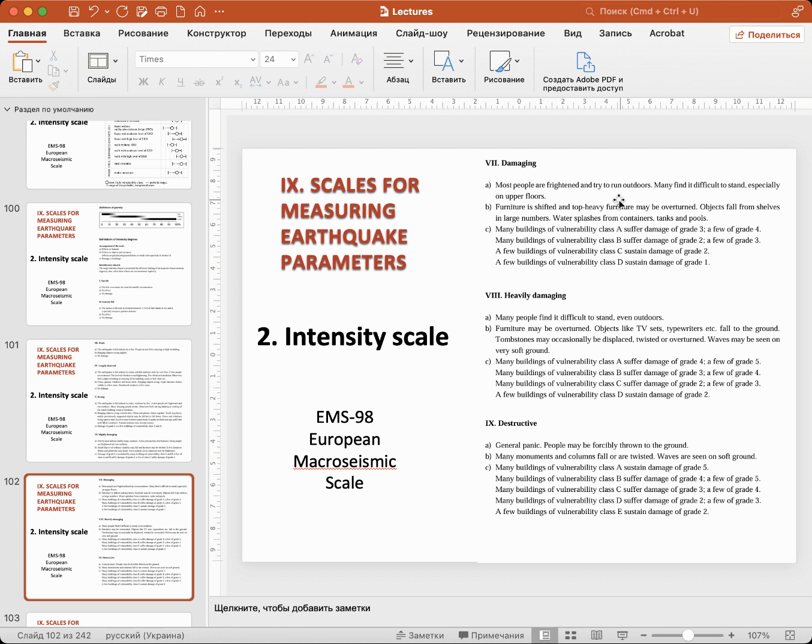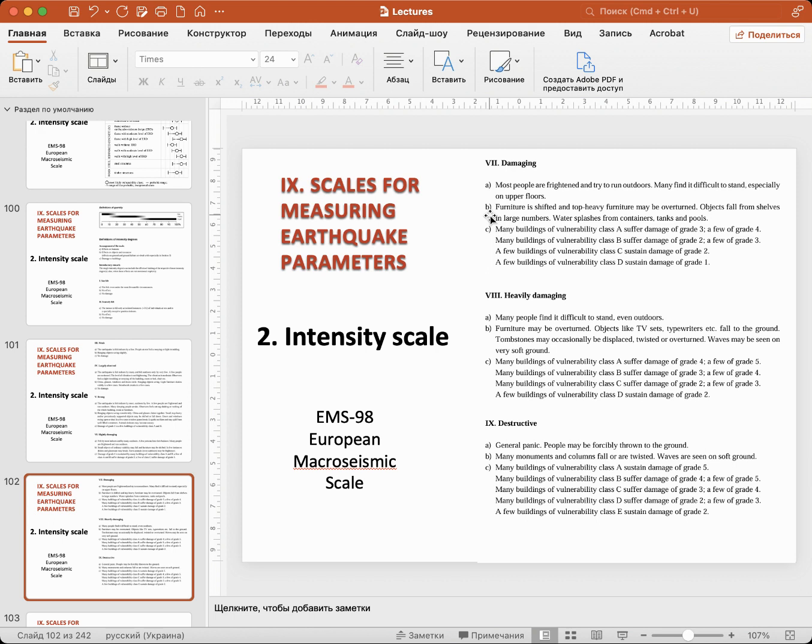Most people are frightened and try to run outdoors. Many find it difficult to stand, especially on the upper floors. So when we find this description of humans' behavior or feeling during the earthquake, we know that the intensity of such an earthquake is 7.